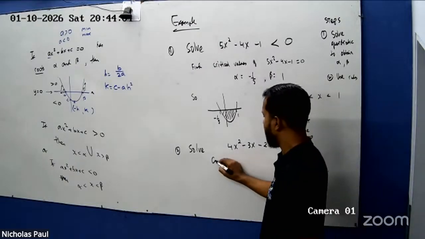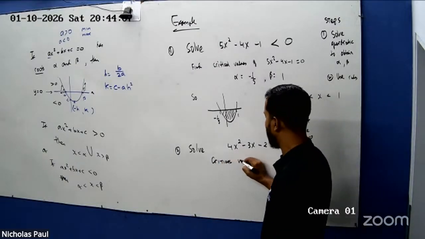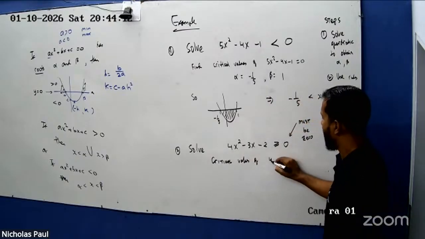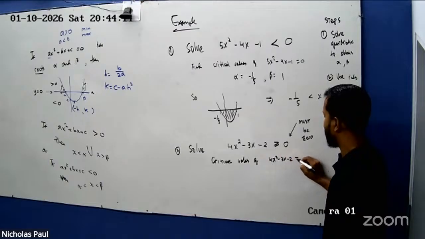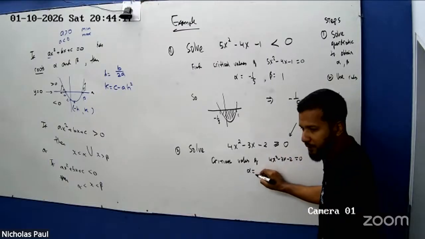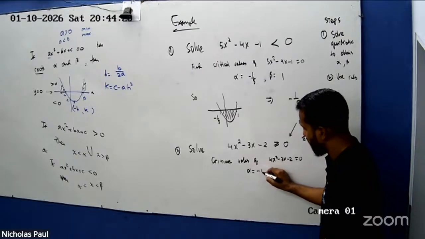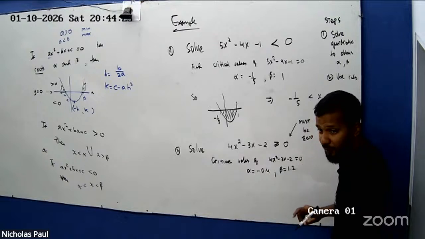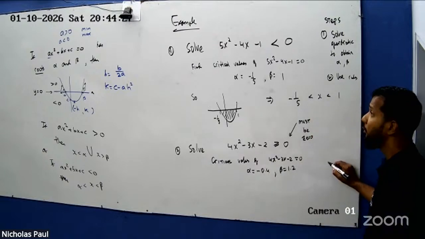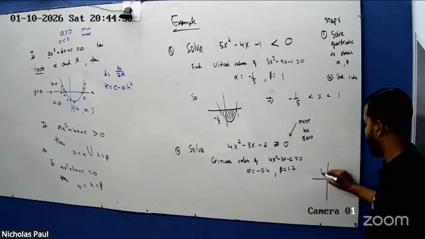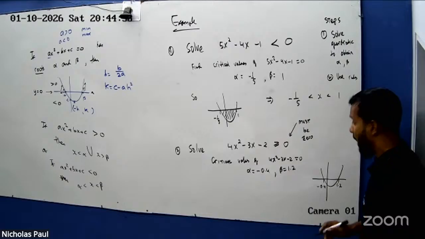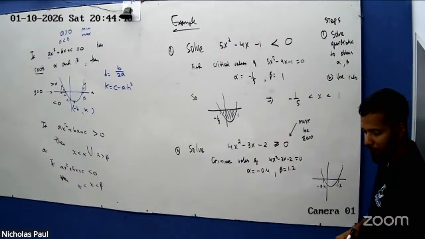By now you should have your critical values of 4x squared minus 3x minus 2 equals 0. Alpha is minus 0.4 and beta is 1.2. That's okay? Online, so I'll just go ahead and sketch it here. Minus 0.4, 1.2. I have a little quiz to give, so I have to give it before.